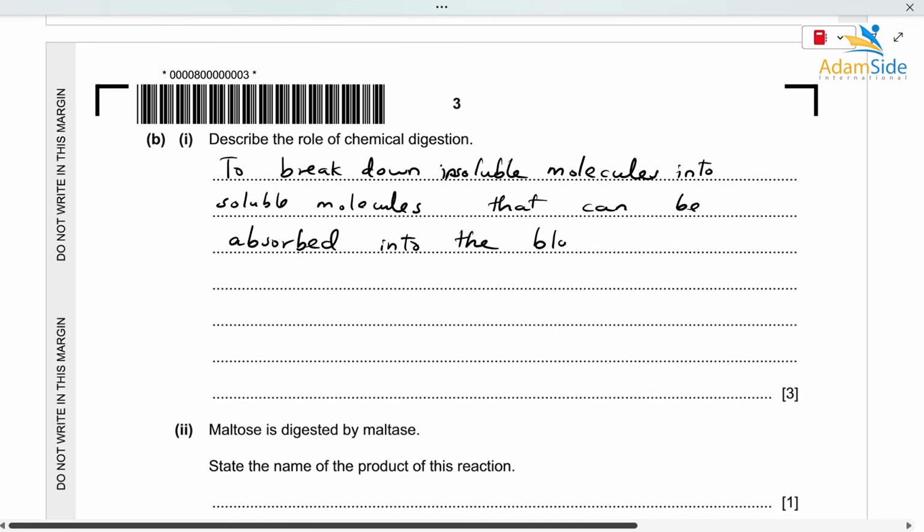All right, yeah, so this is what the chemical digestion does.